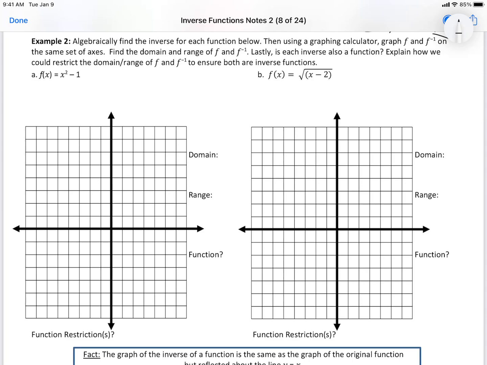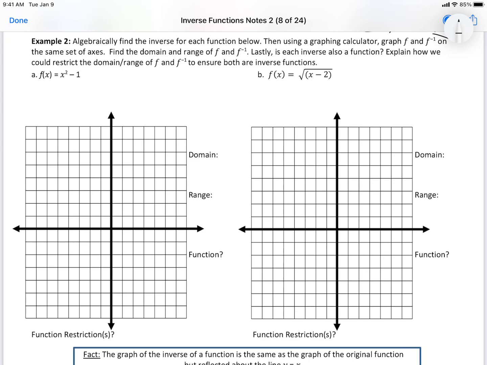Then we want to find the domain and range of f and f inverse, and determine if the inverse is a function. If it is, great. If it's not, how could we change the domain in order to make it a function? And that'll make sense in just a bit.